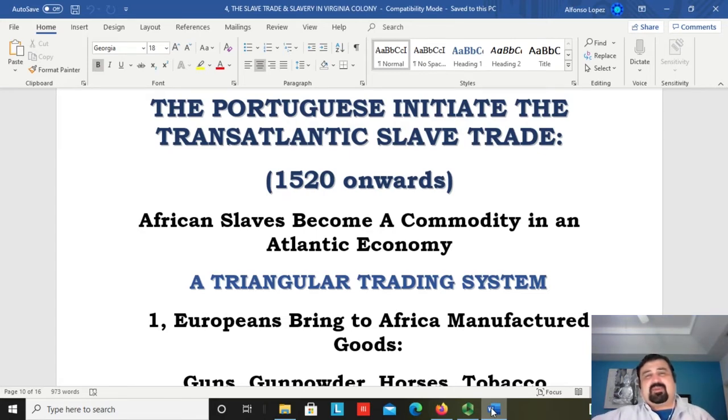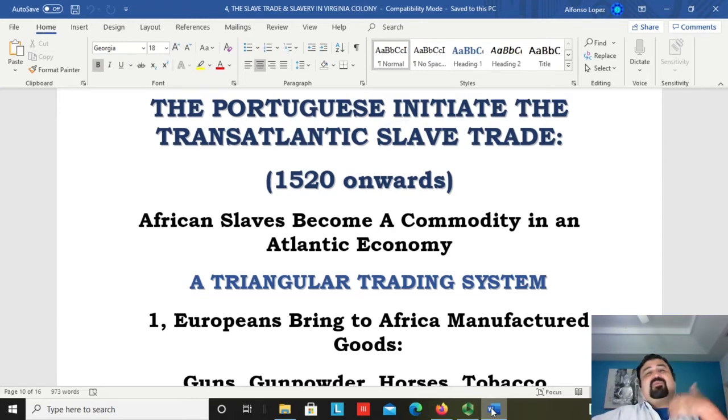This is what really gave the slave trade a new life, a new meaning for the Portuguese, who are going to actually monopolize the slave trade, by the way. So when the Portuguese arrived in 1444, I mentioned in session 2, they're going to claim a total monopoly of the trade with Africa.